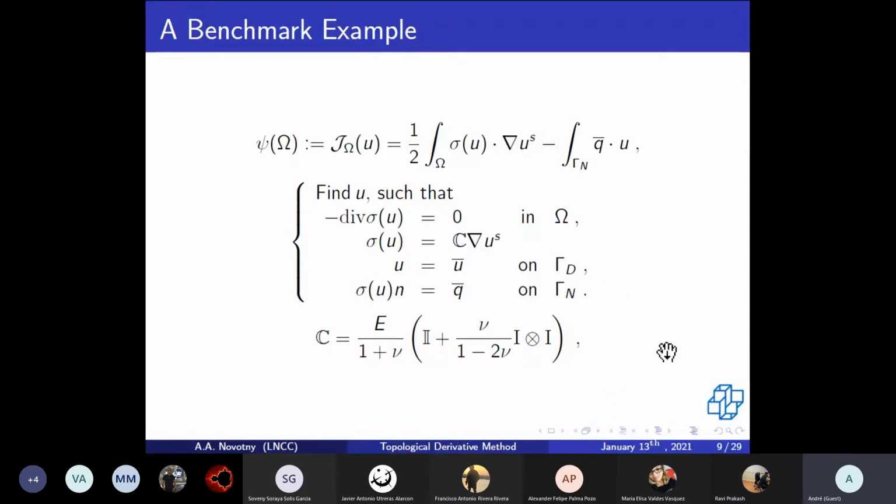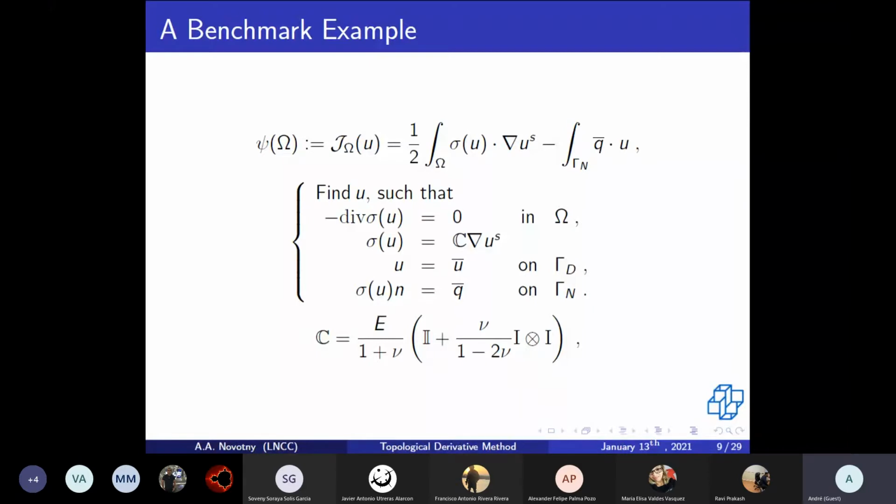So the shape function here is defined as the total potential energy, where U is solution to this elasticity system, where sigma of U is the Cauchy stress tensor, C is the elasticity tensor defined through the parameters E, which is the Young modulus, and nu, the Poisson ratio.